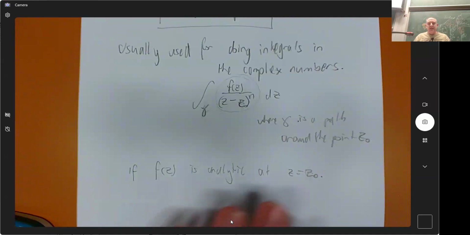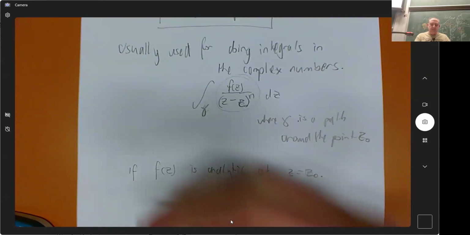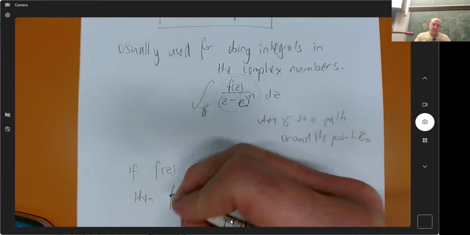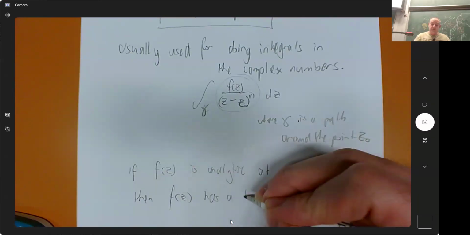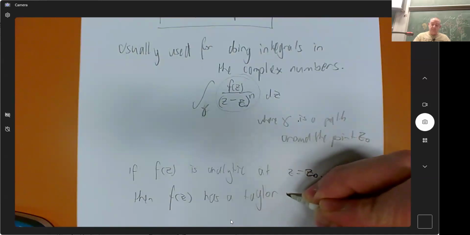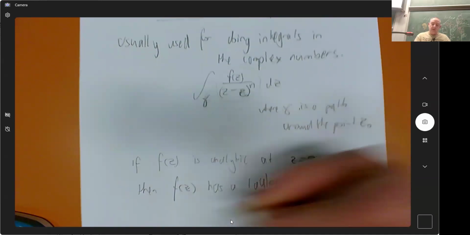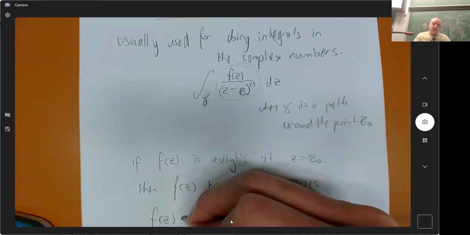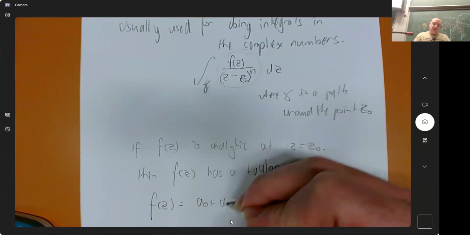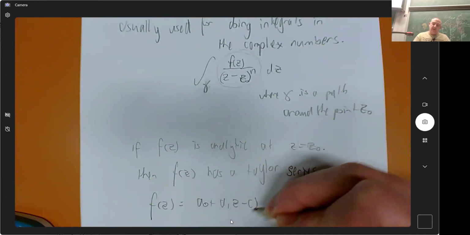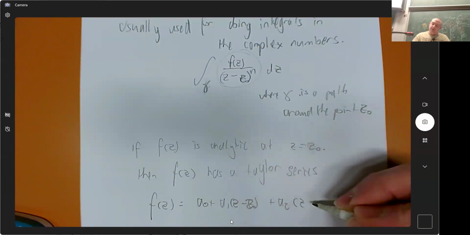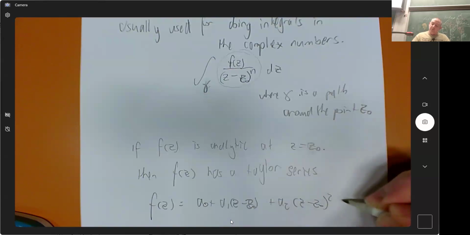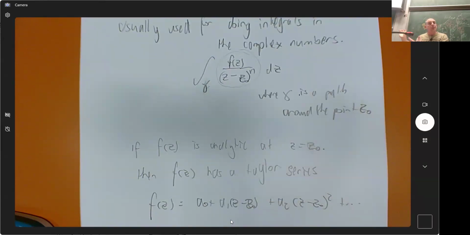If f of z is analytic at that point, then it'll have a Taylor series, which will go something like A0 plus A1 (z minus C) plus A2 (z minus Z0) squared, plus, and so on forever.